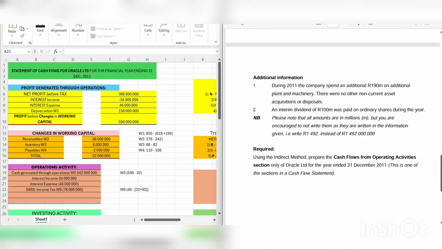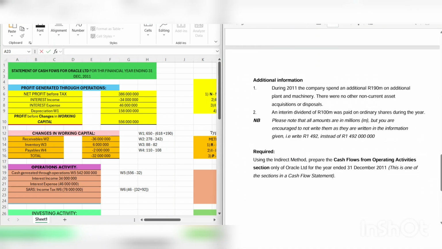And then we are going to calculate dividends paid. So if we look at our additional information, it says an interim dividend of 100 million was paid on ordinary shares. Okay, so remember, it's always a movement of cash.